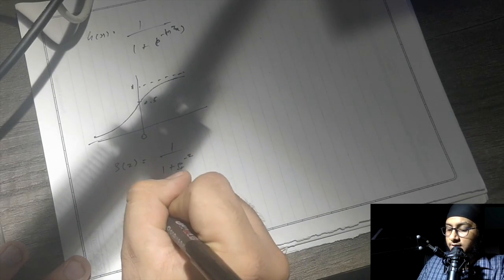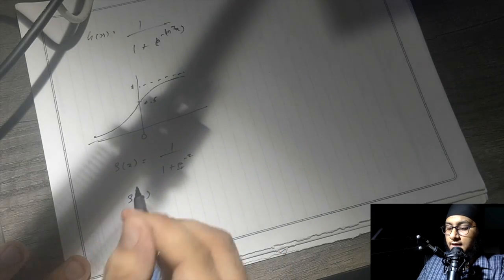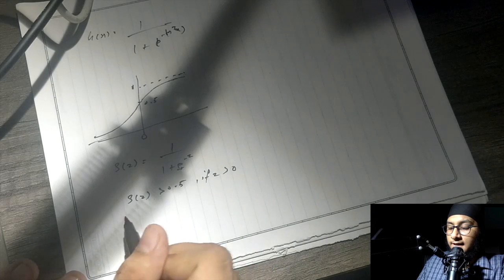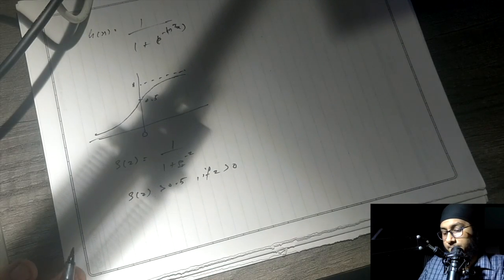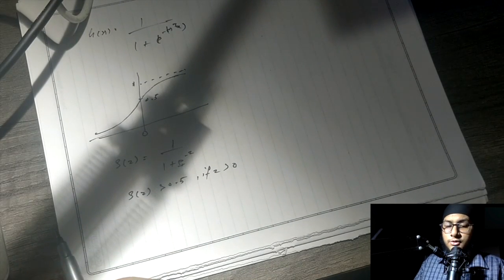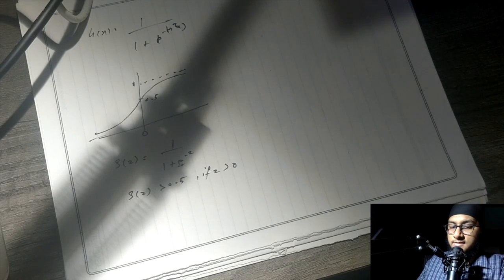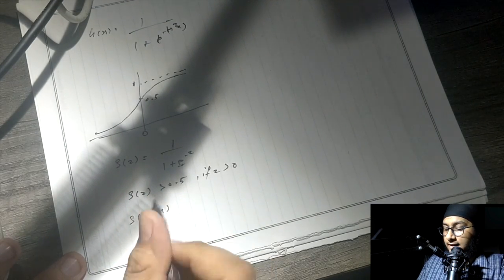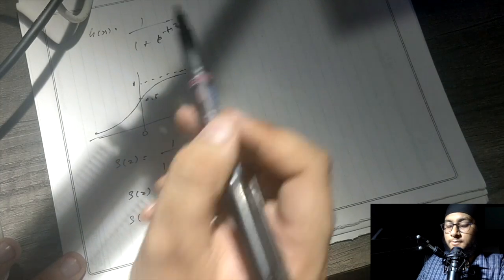And as we discussed, when we have this s of z, if z is greater than 0, then s of z is greater than 0.5. Using this, our h of x, which is s of m transpose x, is our prediction function.